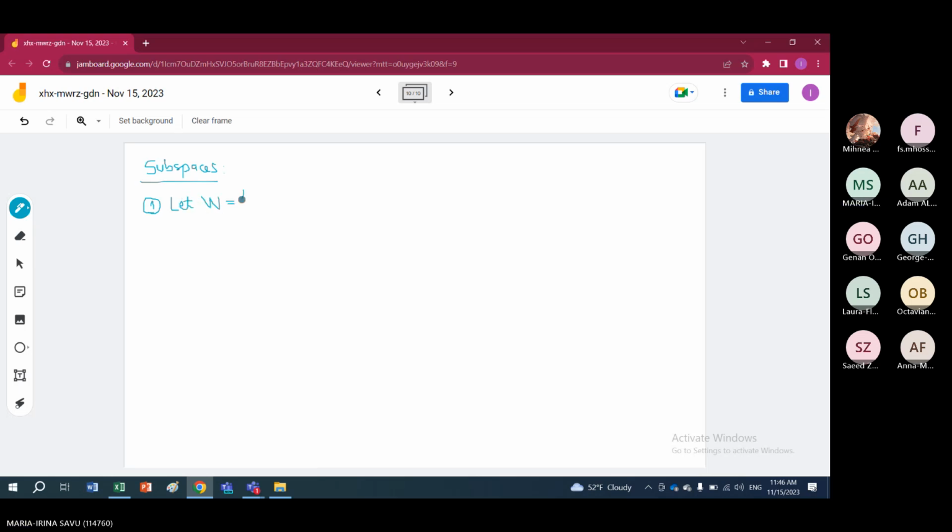Let's start with the set of vectors in R to the fourth such that x plus y minus 2z is 0, x minus t is also 0, and 2y plus z minus t is also 0.